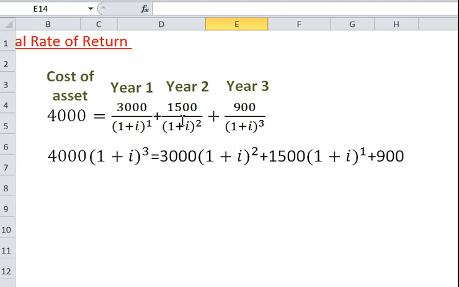This one here. And this one here is just 900, because we've multiplied by 1 plus i cubed, so those two would cancel. So we need to find a solution to this equation, and as I said, it is complicated. So using the computer in this way is a pretty good idea. Let the computer do the work for us.